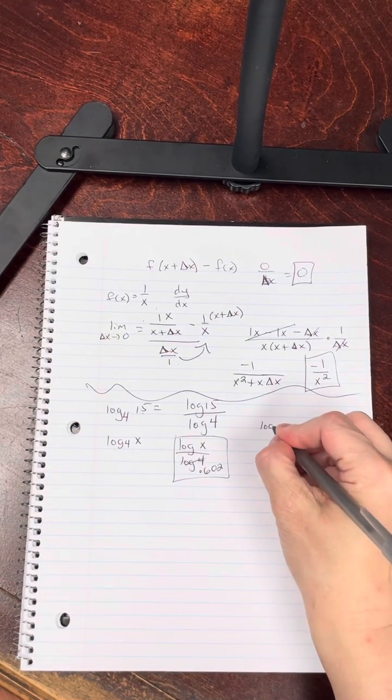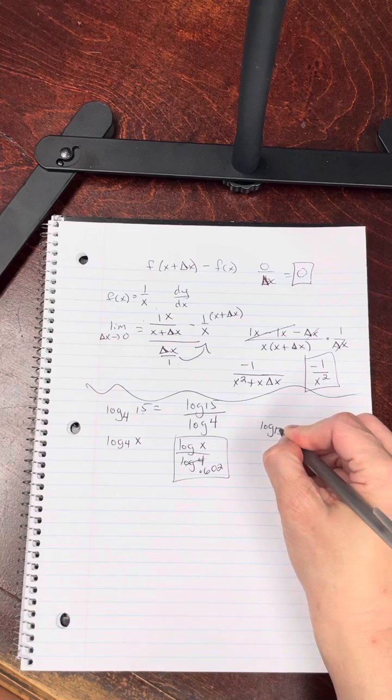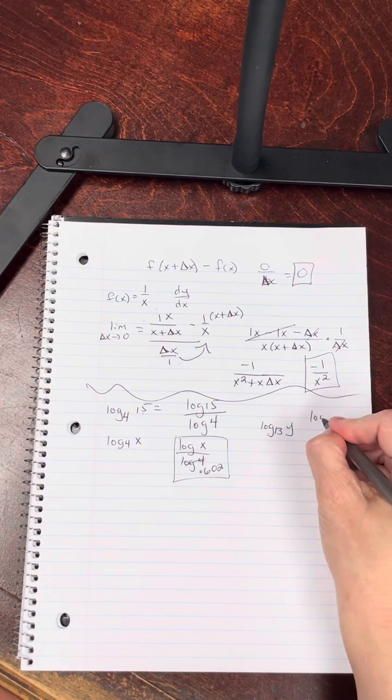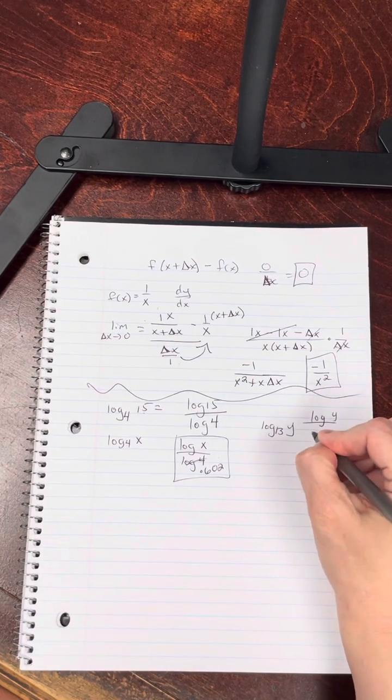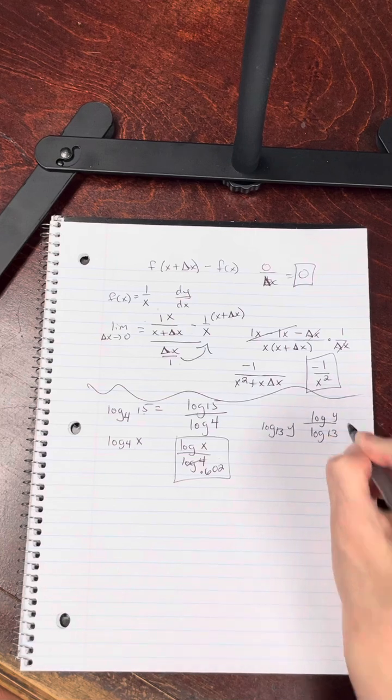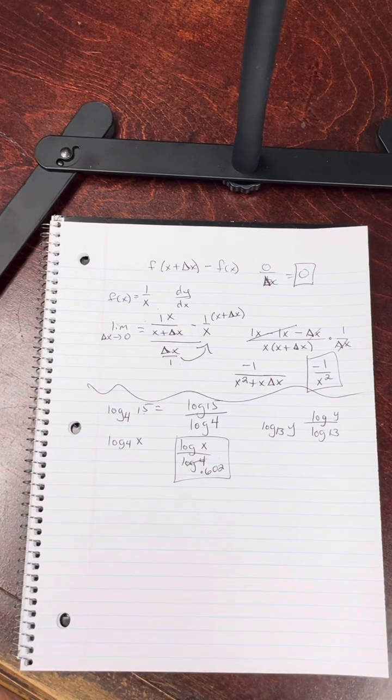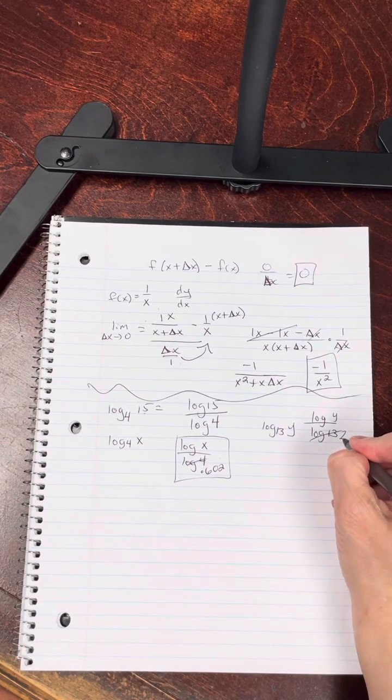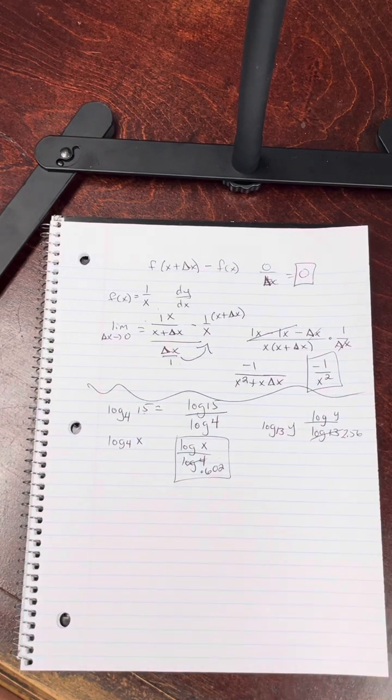How about, for example 2, log base 13 of y. So we're going to do log of y, the large number, divided by log of 13, the base number. And that's going to become the decimal 2.56.